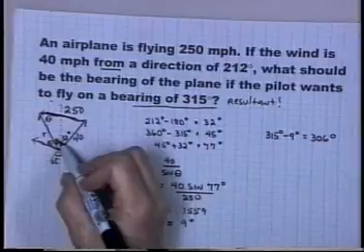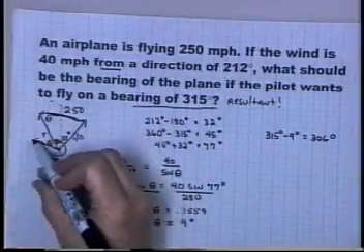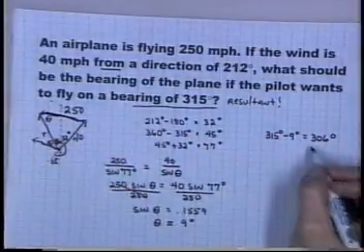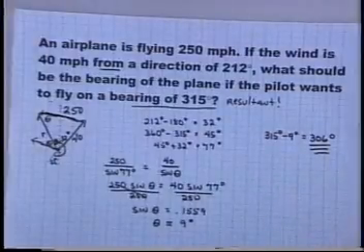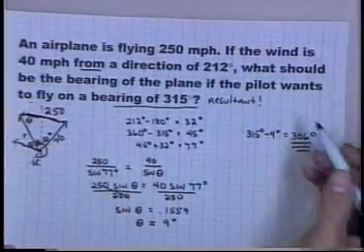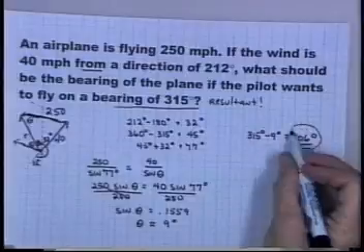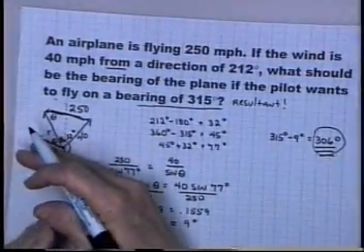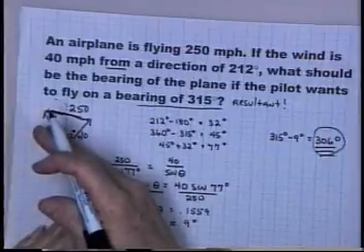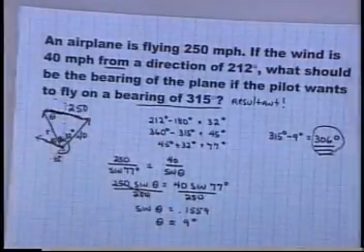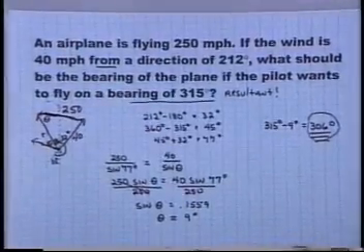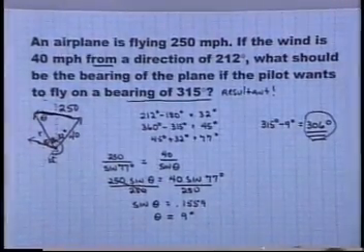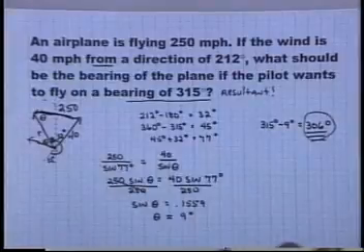So all the way from north around to where I want my airplane to start out going is 306 degrees. The pilot should start on a bearing of 306 degrees. The wind's going to blow from this bearing of 212 and push us over, and we're going to end up on this bearing of 315 degrees. We could, of course, if we were asked, find the actual speed that we would end up flying, but we were not asked that in this problem.